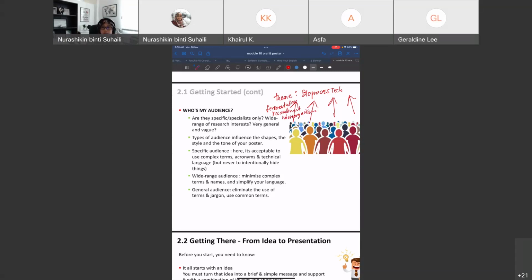So I know my audience. Why is this very important? Because whenever you create a poster for a conference, you are free to use jargons. You know the jargons? Jargons are the technical terms in your field, for example fermentation.